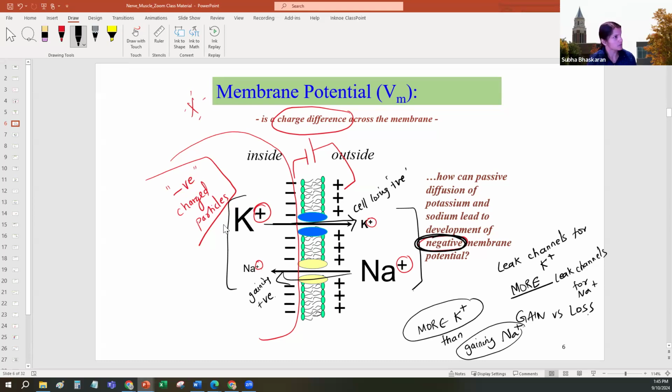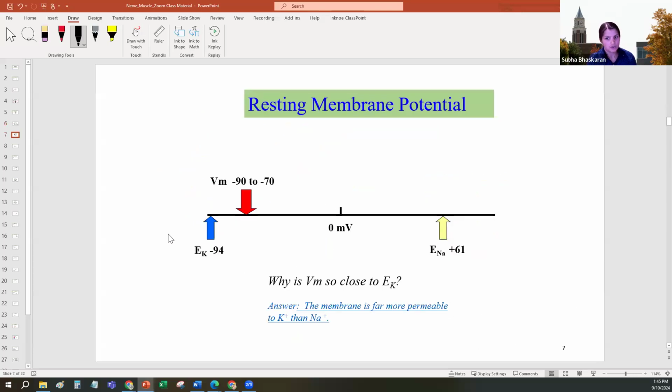Are we good in terms of leak channels, guys? Okay. So resting membrane potential. Potential means a charge difference. The resting means when the cell is at rest. The resting membrane potential is denoted as VM.